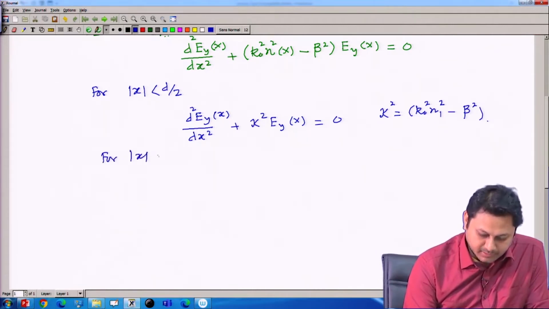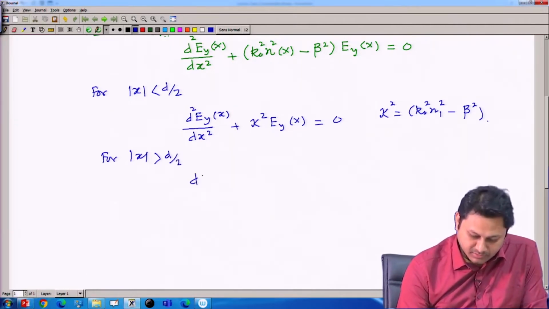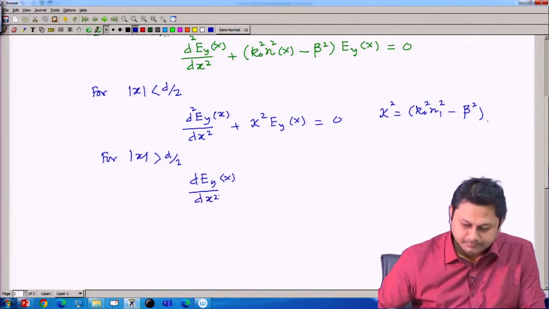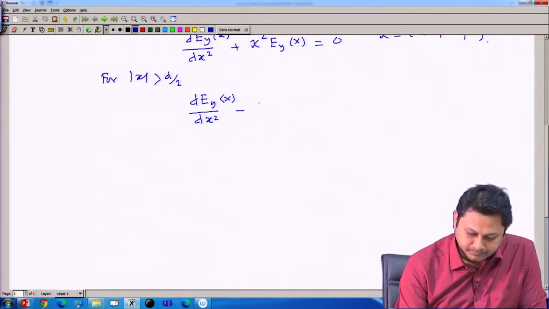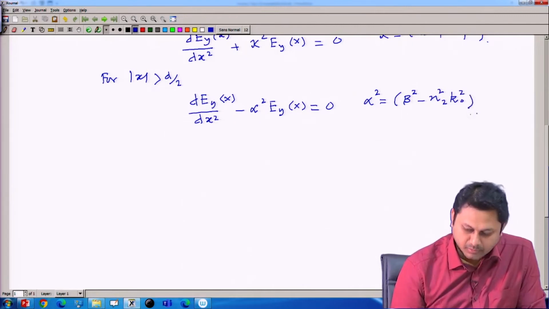For mod of x greater than d by 2, that means the cladding region, this equation modifies as follows, where alpha square was defined this way.